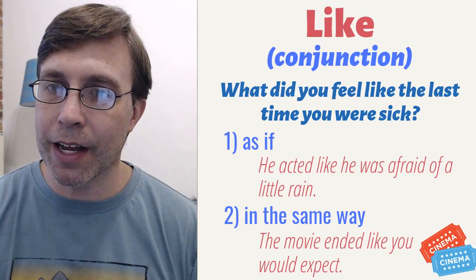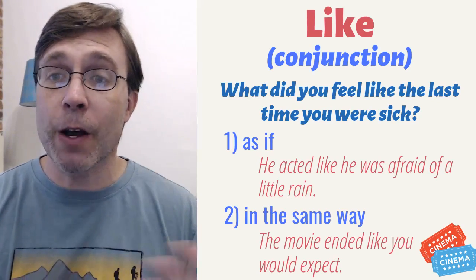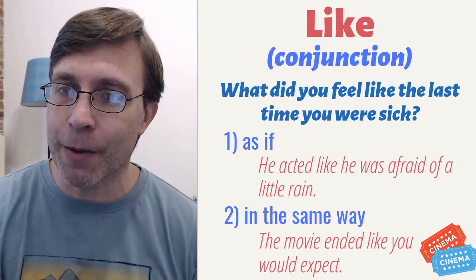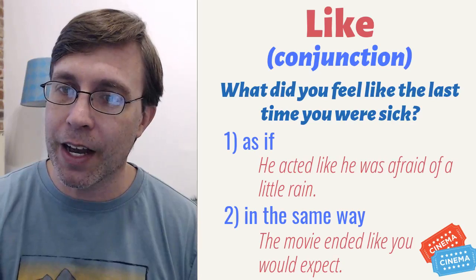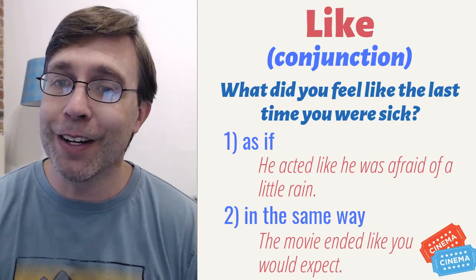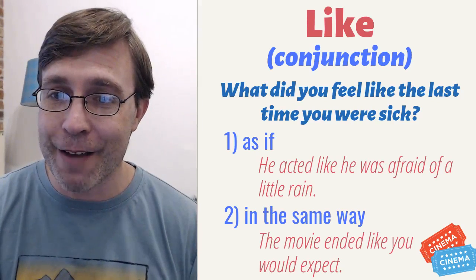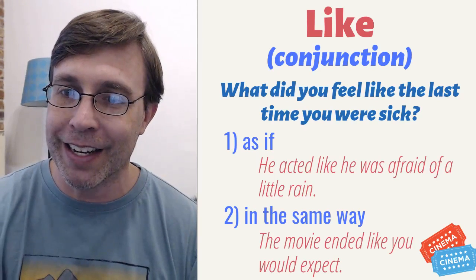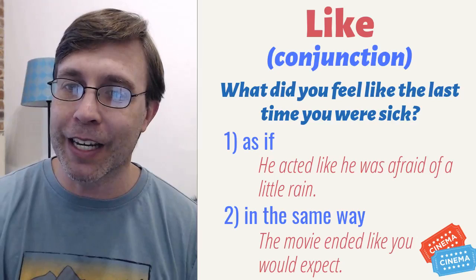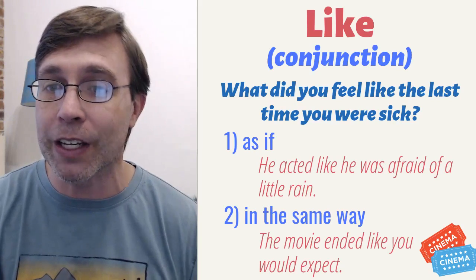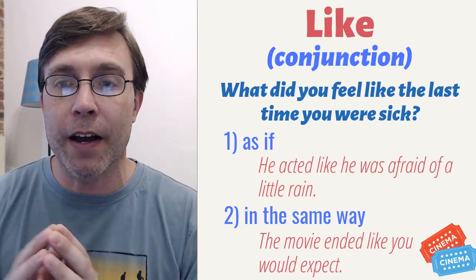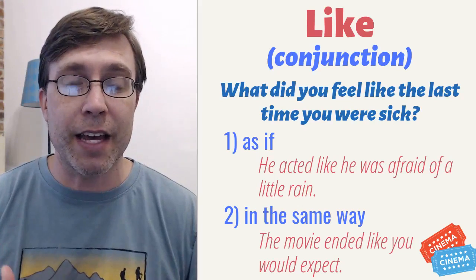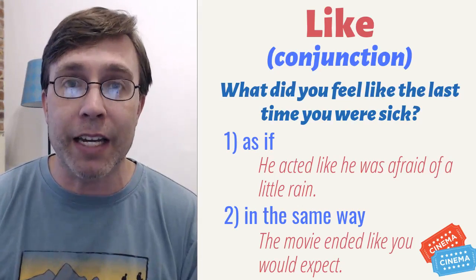Shivanshi, I felt as if under the rain. But you would say, I felt like I was under the rain. Okay, that would work. Jessica, how did you feel last time? I felt like I was falling from an airplane. Ouch! That sounds like you were really sick then. Angela, I felt like I felt like. But remember, you would need to say, in this case, I felt like I was something.